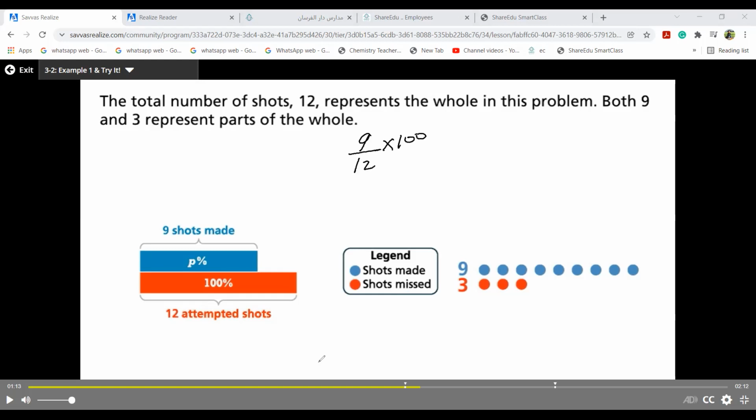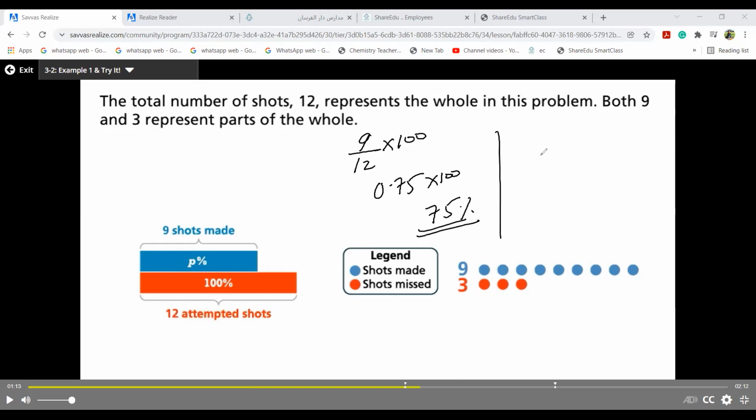Can you do 9 out of 12 in the calculator and tell me? 9 divided by 12. 0.75. Multiply by 100. 75. That means I made 75% of shots.